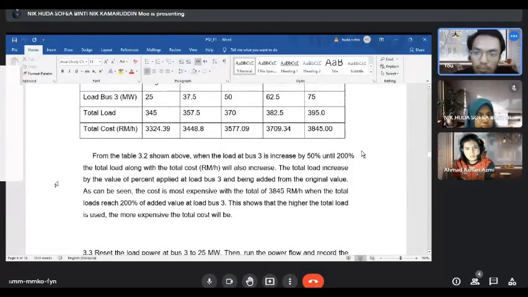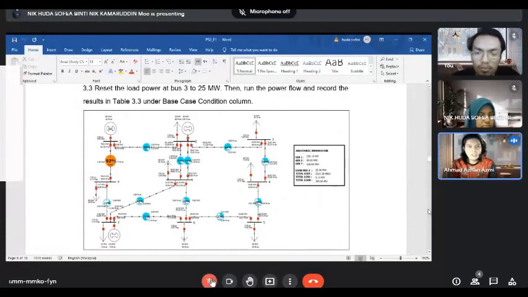Okay, for 3.3, we need to reset the load power at bus 3 to 25 megawatt. So this is the result at the load of 25 megawatt at bus 3. It goes back to the initial condition.